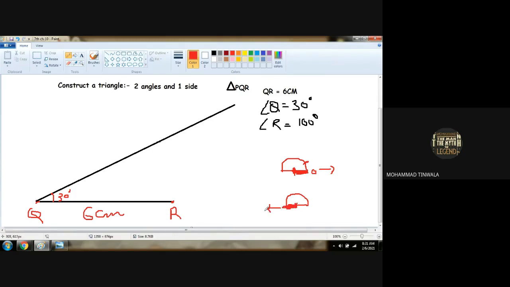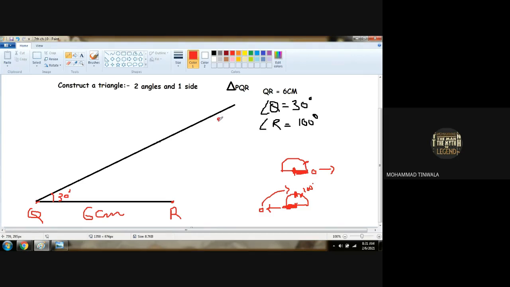So we start from 0 here. 0 to 100 degree. 90 degree will be here on a straight on the top. Then 10 degree more will be over here. So this will be our 100 degree from this side, left hand side. So 100 degree is here somewhere.